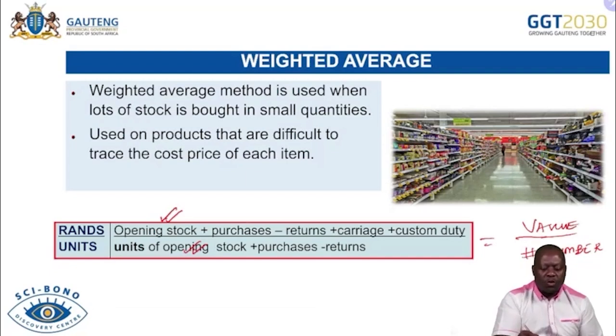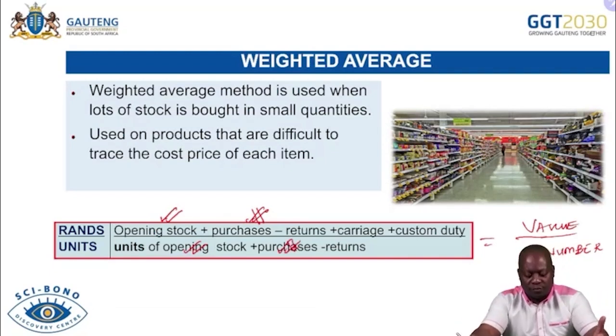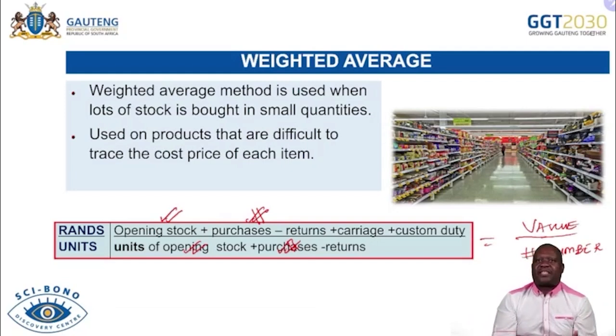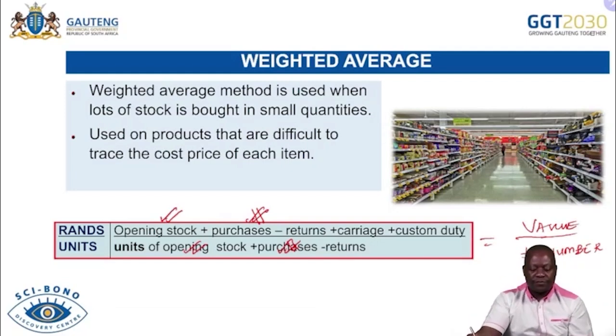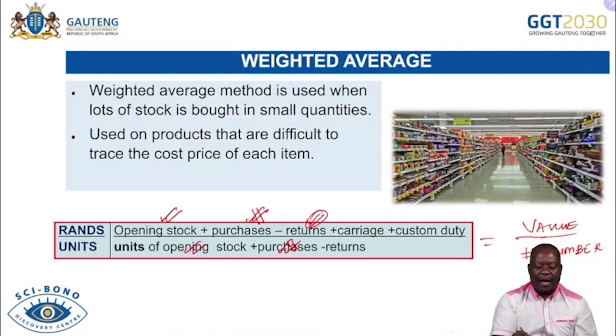And then we go to purchases. On top we are saying the purchases value, and at the bottom we are talking of the purchases in units. How many units have been purchased? And then we subtract things such as returns on top here, which means we must also subtract the returns number of units. So always the value goes on top and the number at the bottom.